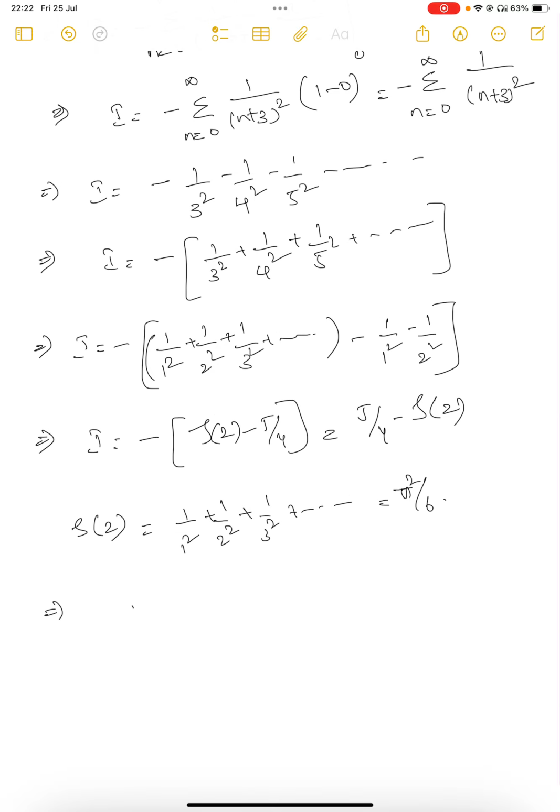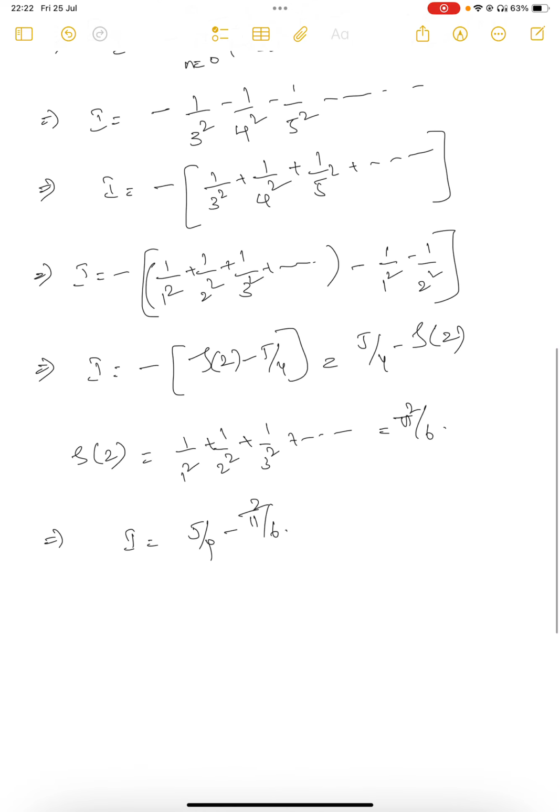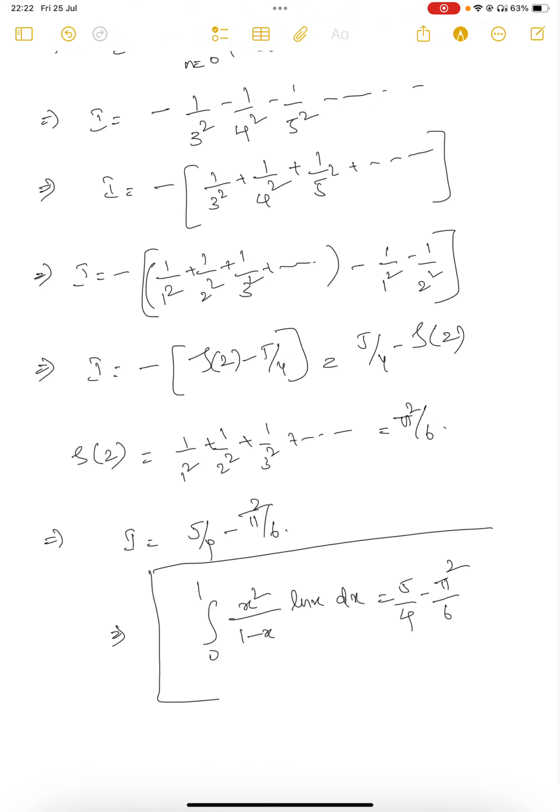That means I value will be 5 by 4 minus pi square by 6, which is equal to integral 0 to 1 x square by 1 minus x ln x dx equal to 5 by 4 minus pi square by 6. This is the desired result.